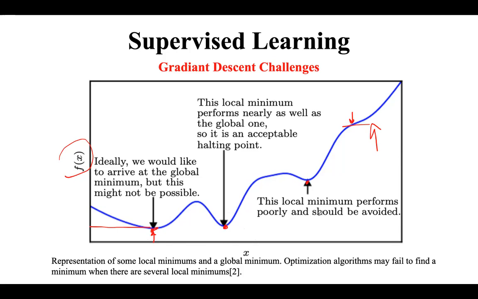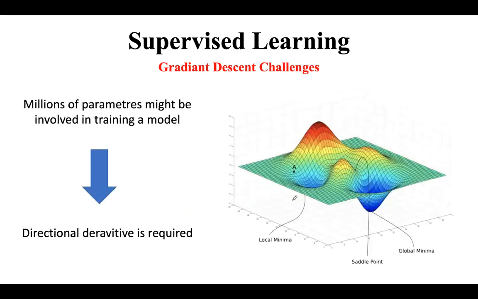The goal of machine learning is to find the global minimum. If we cannot find that, then we end up at the first local minimum or the second local minimum. This makes things a bit complicated, because you're dealing with functions with multiple variables. In the previous example, f depended on just one variable, x.